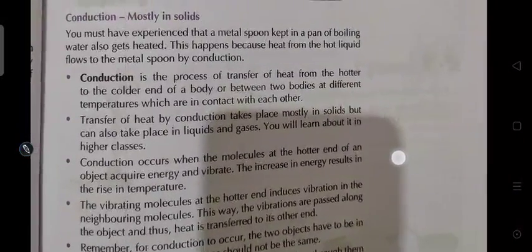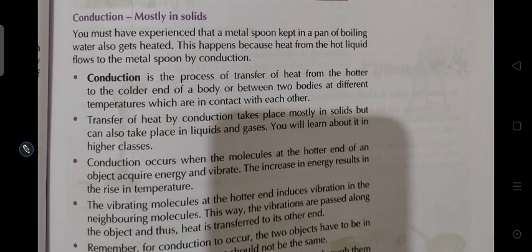Conduction is the process of transfer of heat from the hotter to the colder end of a body, or between two bodies at different temperatures which are in contact with each other.